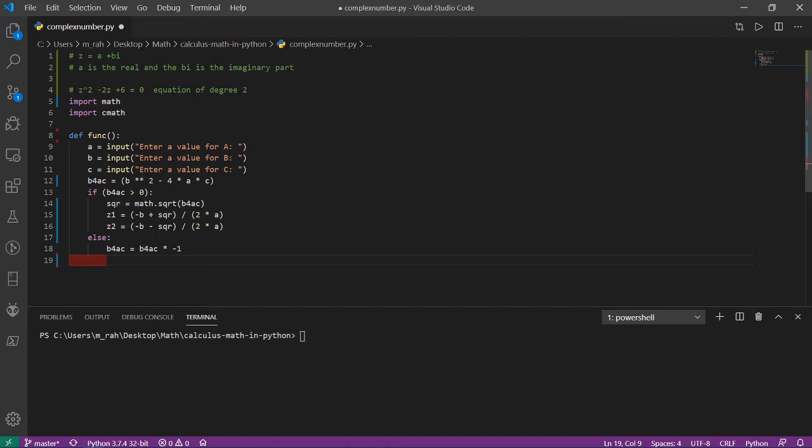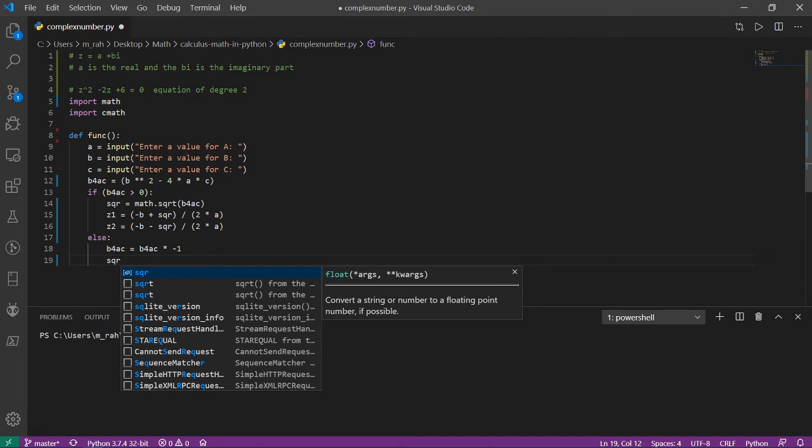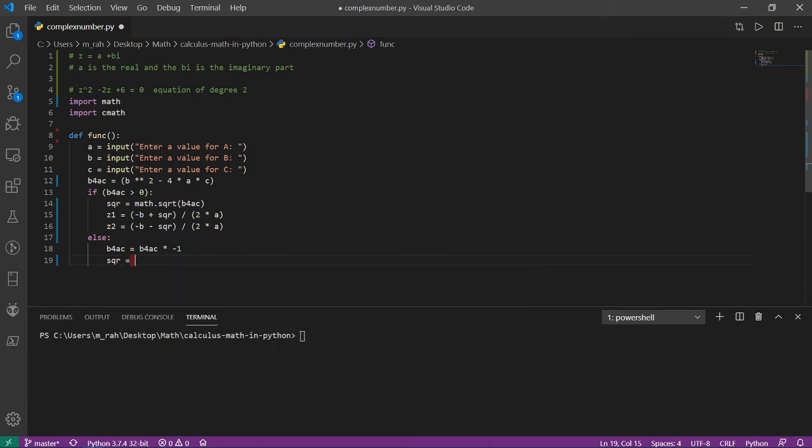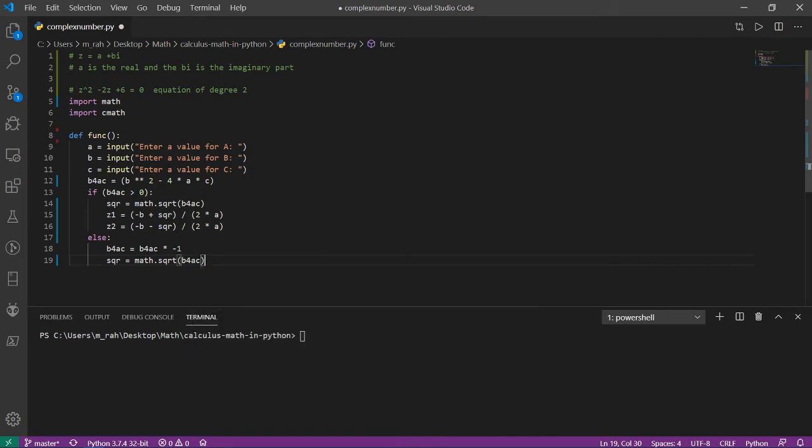If this is negative, now I'm taking the square root of that. So making a variable, calling math.sqrt, and now I say b squared minus 4ac, and that's it.